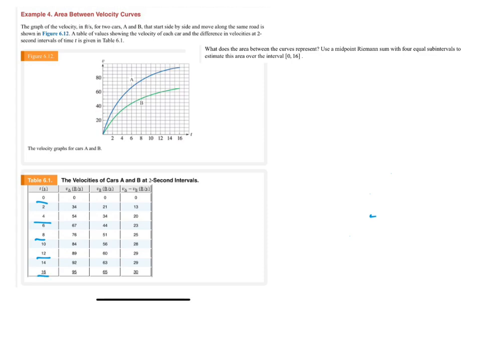Use a midpoint sum with 4 equal subintervals. So the midpoint, I think we've forgotten how to do this. B minus A over the number of subintervals is delta x. And we're on the interval from 0 to 16. So 16 minus 0 over 2 means each interval is 8.